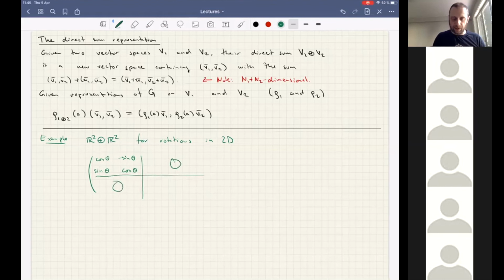Then you're going to have zeros on the off diagonals, and the same repetition here: cosine theta, minus sine theta, and sine theta, cosine theta. So this representation is actually quite different from the tensor product representation.